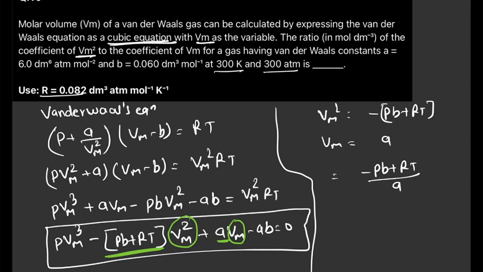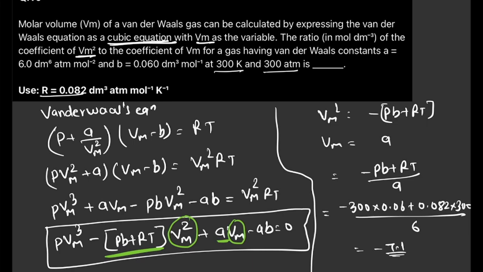No problem, we can use them directly. So minus (300 into 0.06 plus 0.082 into 300) divided by 6. When we solve this, it should come out nearest to 7.1. So this will be the answer. No problem in that case.